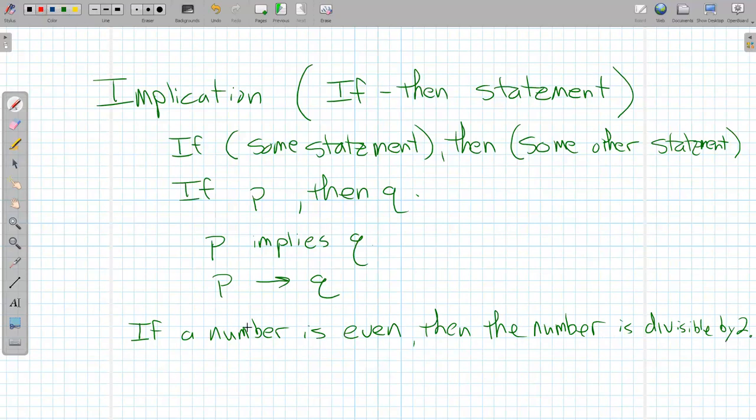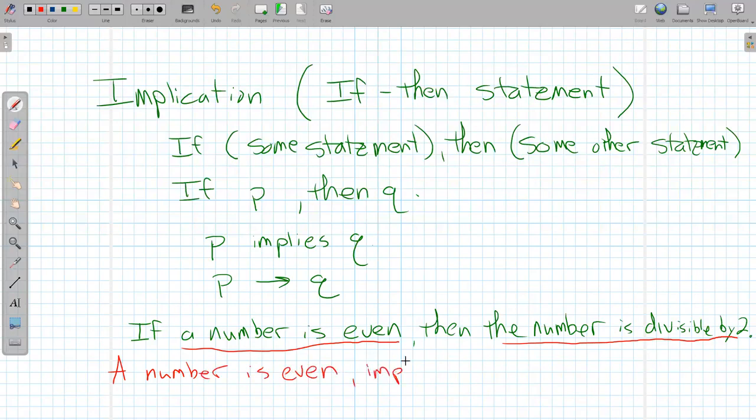So I have a simple statement, a number is even, and then another simple statement over there: a number is divisible by 2. Alternate ways of writing that would be, a number is even implies the number is divisible by 2.